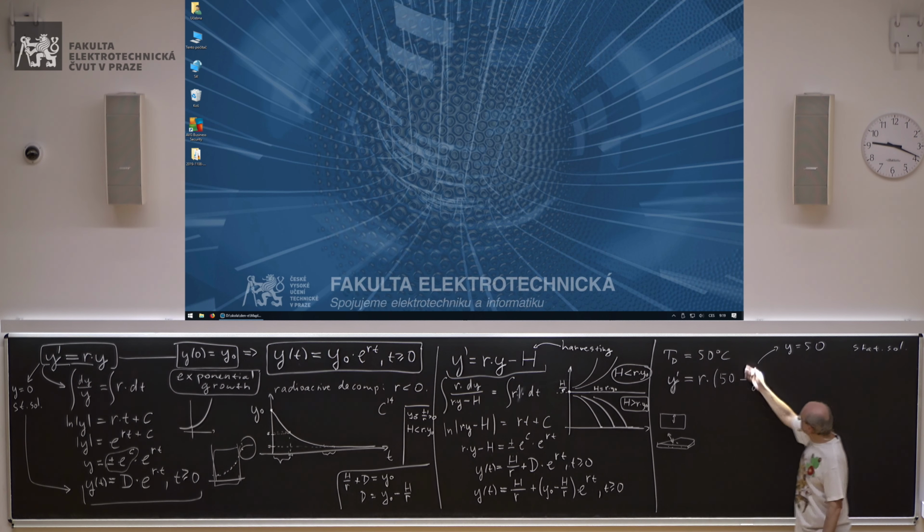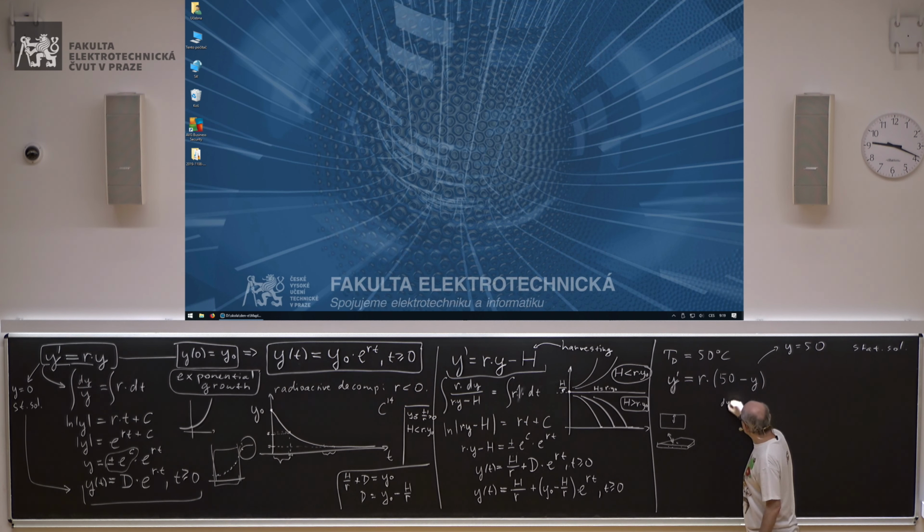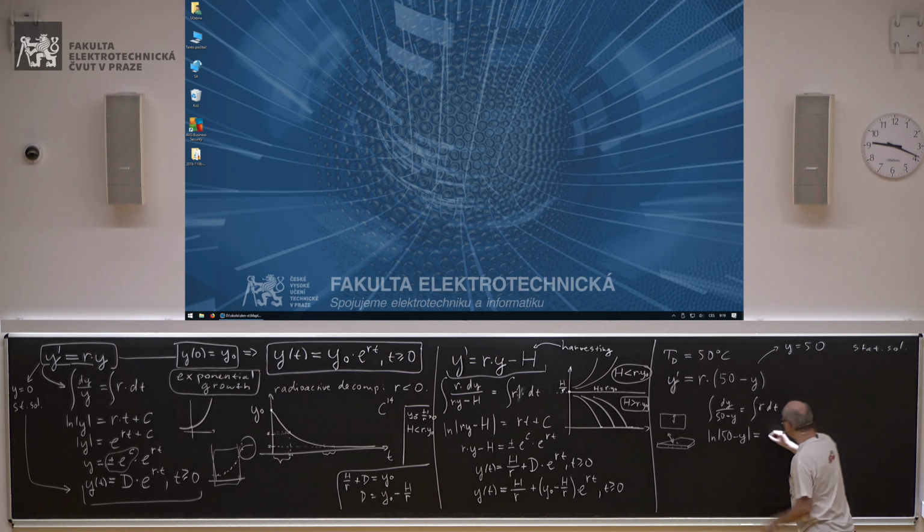And otherwise I will just divide and I get dy over (50 minus y) equals r dt. Integral: logarithm of (50 minus y) is equal to rt plus c, and I have to be careful because I'm integrating here and there's a minus sign in front of y, so it jumps out like that.